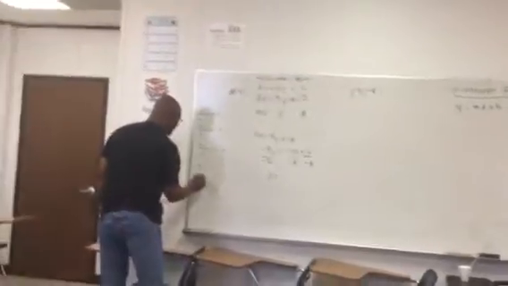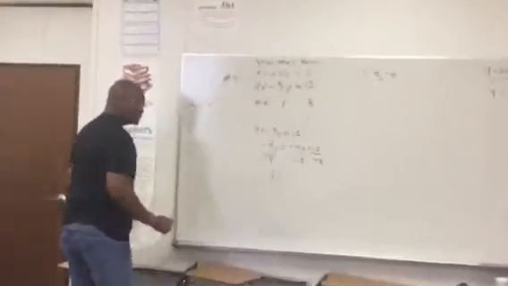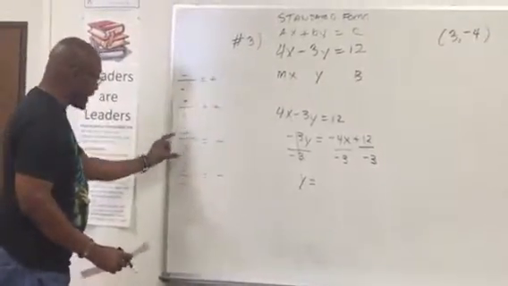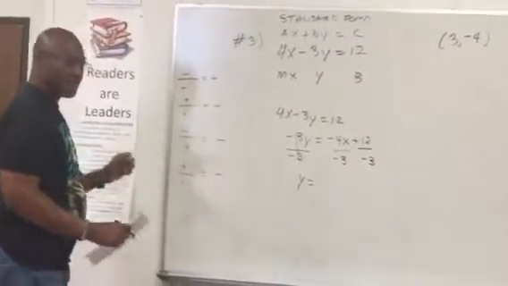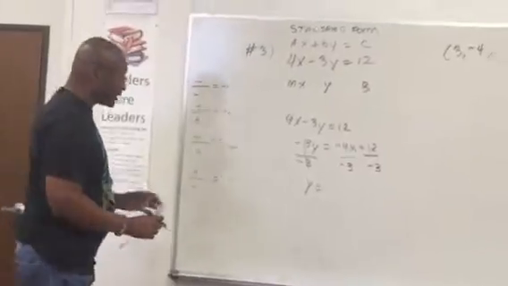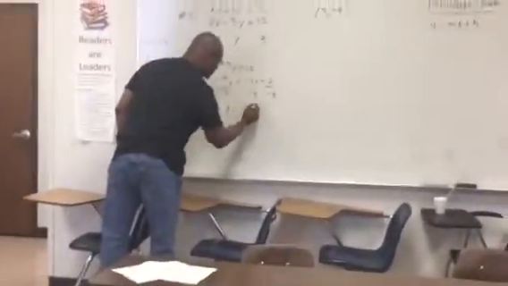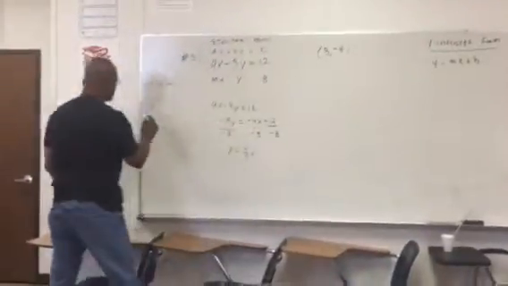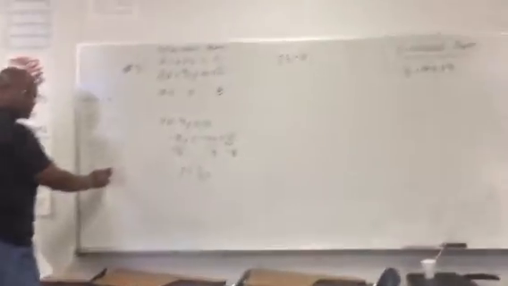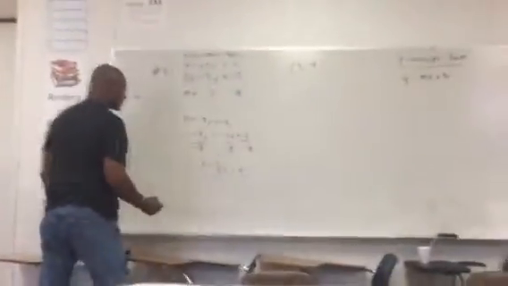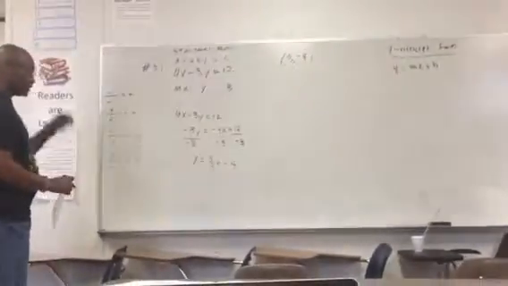A positive divided by a negative is also negative. If the signs are the same, your answer is positive. If the signs are different, your answer is negative. So now this becomes 4 over 3 x, positive divided by negative, negative, minus 4, because 12 divided by 3 is 4.